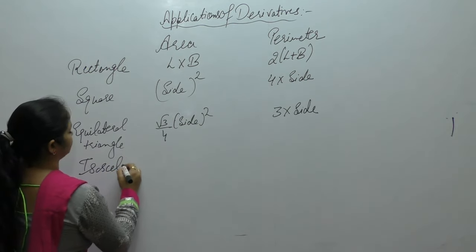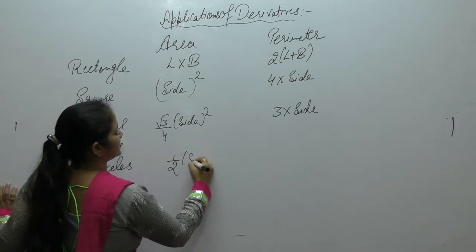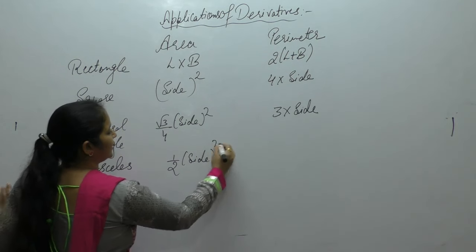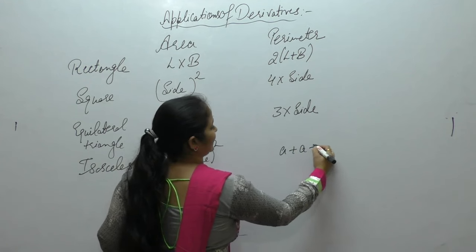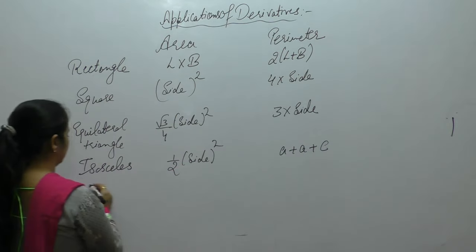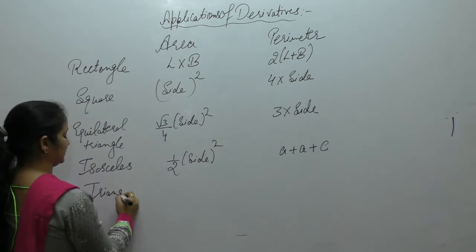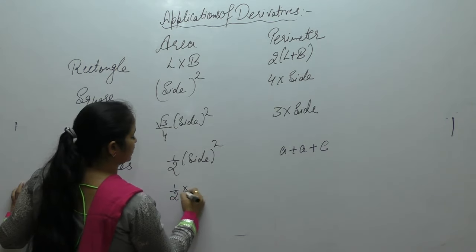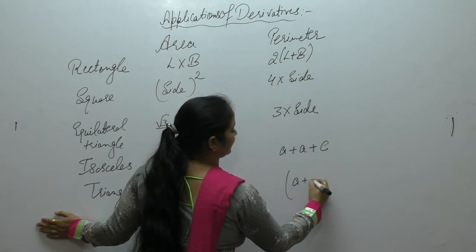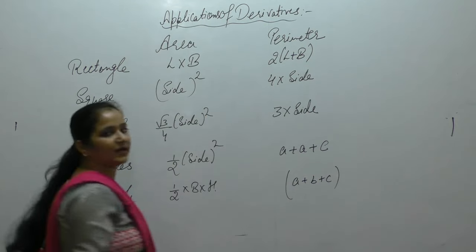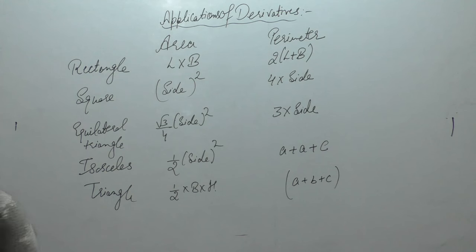Isosceles triangle, if 2 sides are equal, that is A and third side is C. Triangle, half base into height. And if the sides are A, B, C, then perimeter is A plus B plus C.